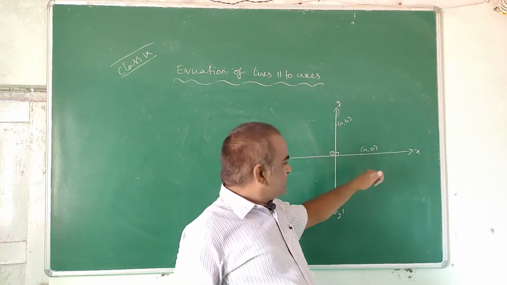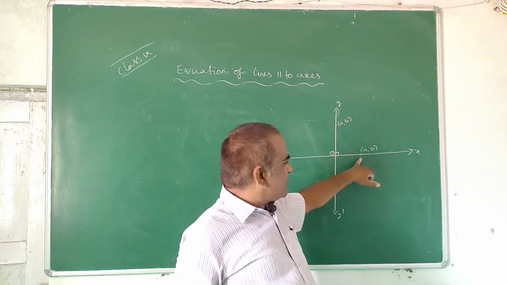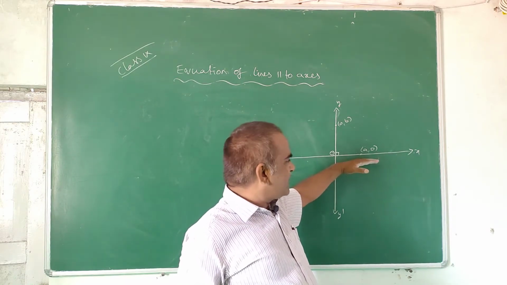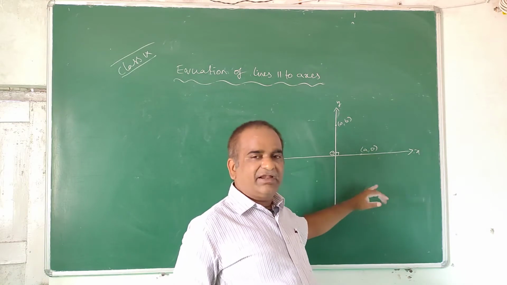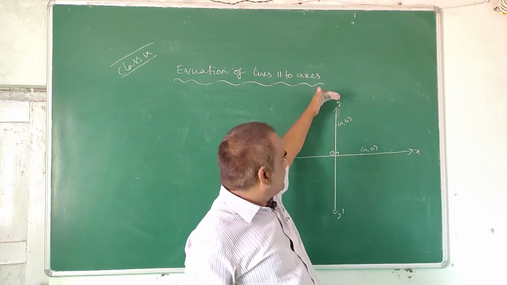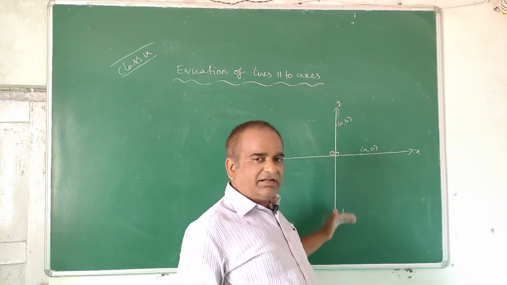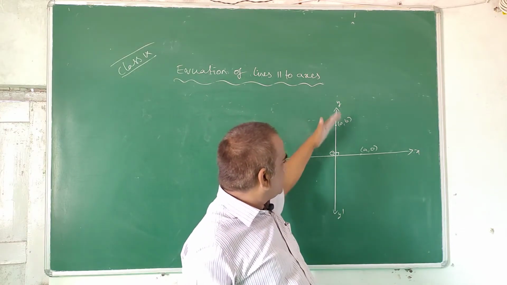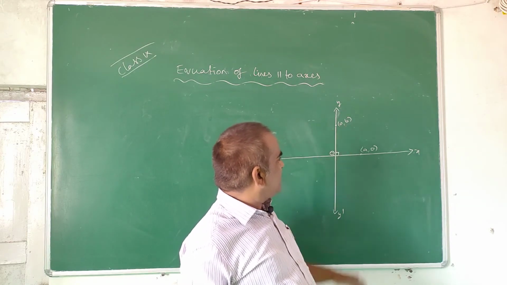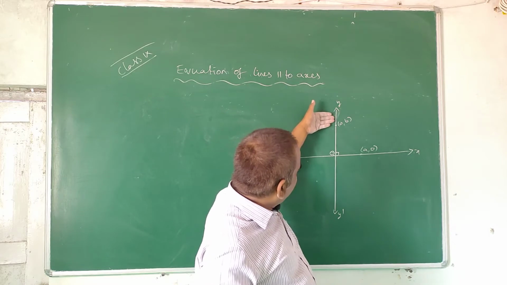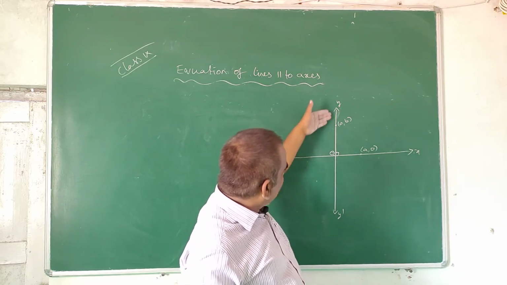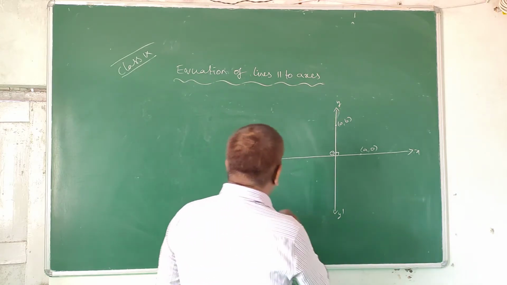Are you following? If a point exactly lies on x-axis, its y-coordinate will be 0. If a point exactly lies on y-axis, its x-coordinate will be 0. So for every point on YOY', you will see x is equal to 0.